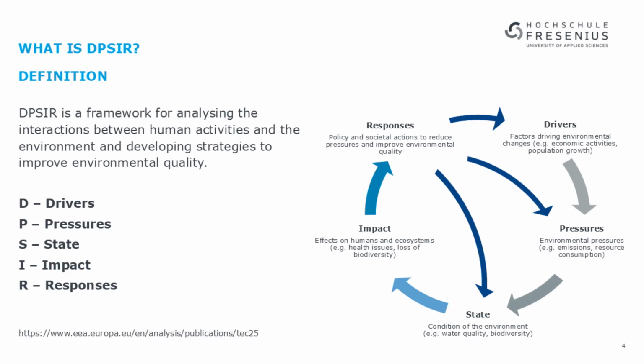Those conditions have an impact on humans and the ecosystem, so like health issues or the loss of biodiversity. To counteract those, policies and regulations to improve the situation can be implemented as a response. And this, in return, will have an impact on drivers, pressures, and the state. So you can see all elements of the DPSIR framework are related to each other.